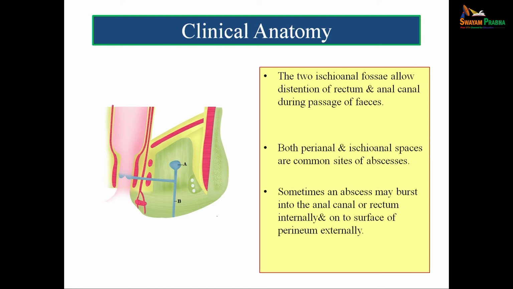Now in this particular figure, we can see an abscess in the ischioanal fossa, marked by A. And we also see B. B represents the fistula which is passing out into the perineum, while we also see a fistula which is entering the anal canal medially. So both perianal and ischioanal spaces are common sites of abscesses.